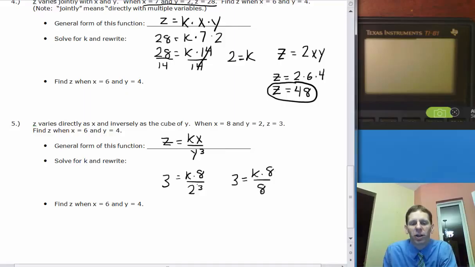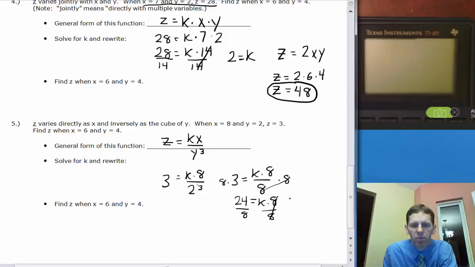In a lot of problems, you won't have the same numbers here and here. So if that was the case, what you could do is to cancel out this 8 in the denominator, you could multiply both sides by 8. And you would get 24 on the left side equals k times 8. And then you could divide both sides of the equation by 8. Now we already know what we're going to get here.